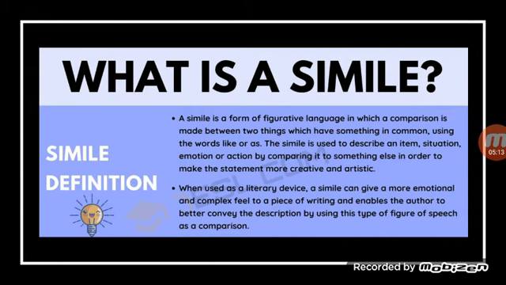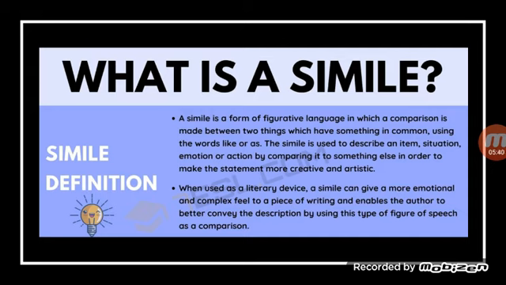You should remember that it is used for comparing two things, and you can notice three words in the sentences of simile, and those words are so, as, and like, because there are comparisons in these sentences. It is a figure of speech, so it compares two things in order to make the statement more creative and artistic.